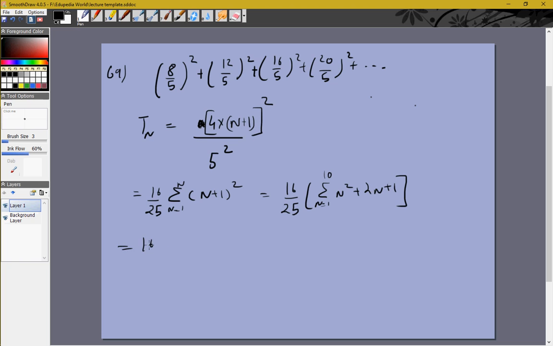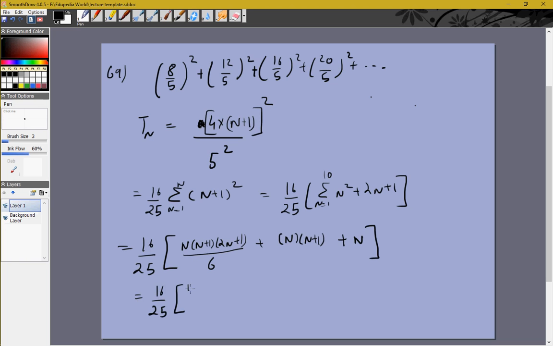This turns out to be 16 by 25 times the sum of the first n squares, which can be written as n into (n plus 1) into (2n plus 1) by 6, plus 2 times the sum of the first n terms, which will be n into (n plus 1) by 2 into 2, plus the sum of the first n ones, which will be n. This turns out to be 16 by 25 times 10 into 11 into 21 by 6.